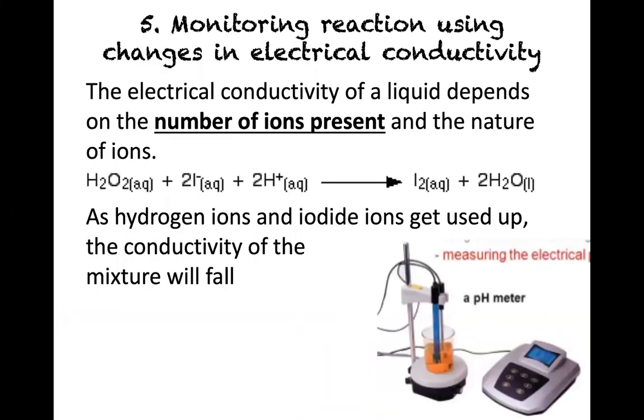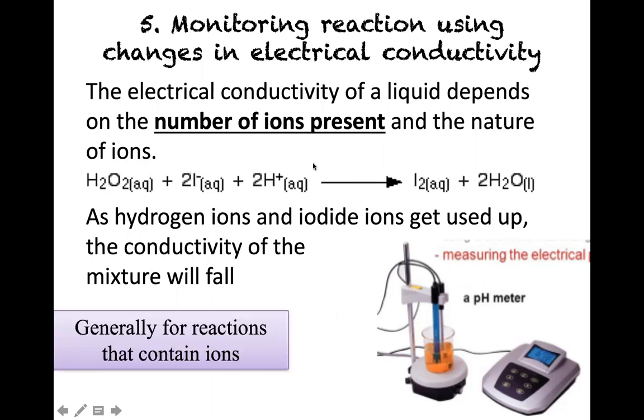Next one is monitoring reaction using changes in electrical conductivity. You have not done this. Basically, you use a meter, okay, pH meter. This is used for these reactions. I hope that's quite obvious that the reason why we measure the electrical conductivity is because you have ions.